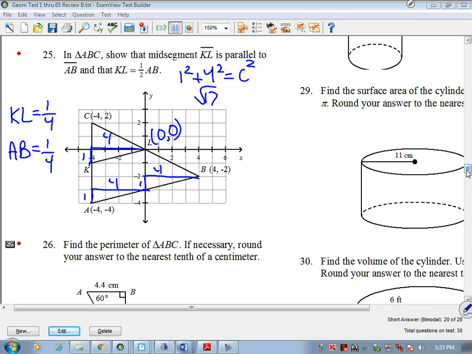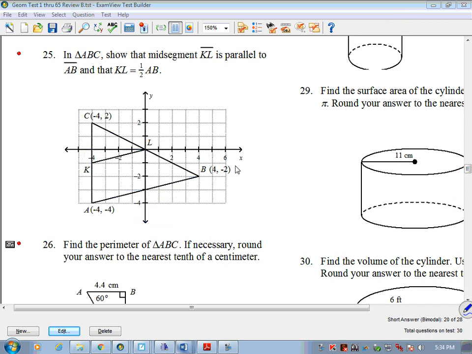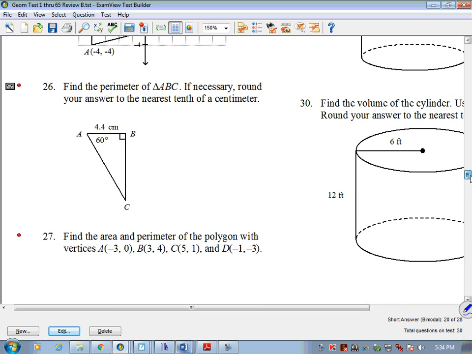But in any case, if this is radical 17 and this is radical 17, then that is 2 radical 17, which means KL is 1/2 of AB, because radical 17 is 1/2 of 2 radical 17. You're looking for a lot of that information there. Again, you've seen that question before, so I don't want to spend a lot of time there.